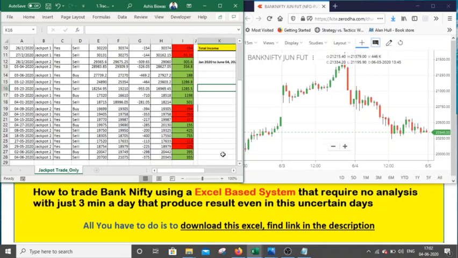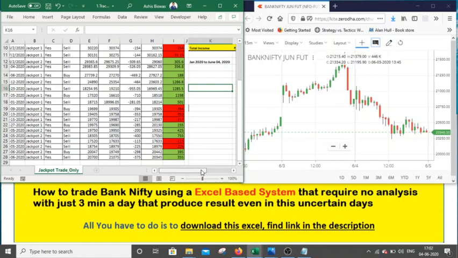This system performed very well. The last date was on 2nd of June with 395 points. Today it's 355 points. Before that there were 2 consecutive days of loss. As you can see, 2 days loss, 3 days loss, and consecutive 2 to 3 days profit are very common for this trading system.